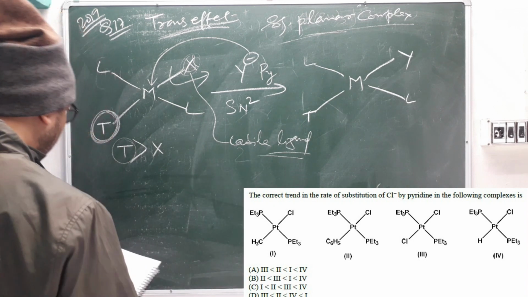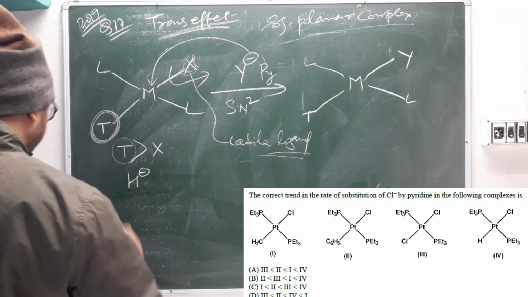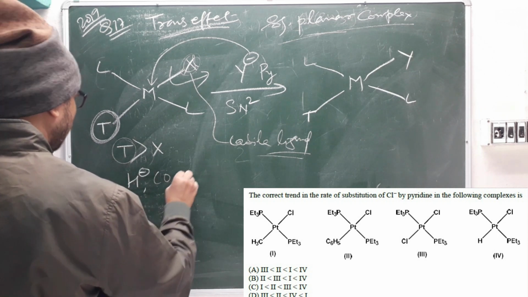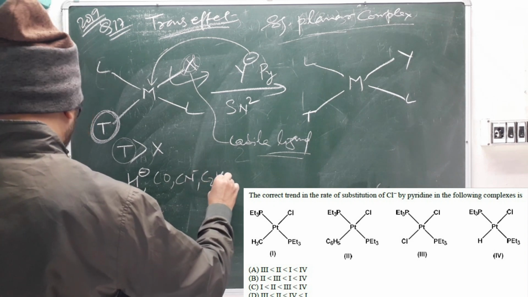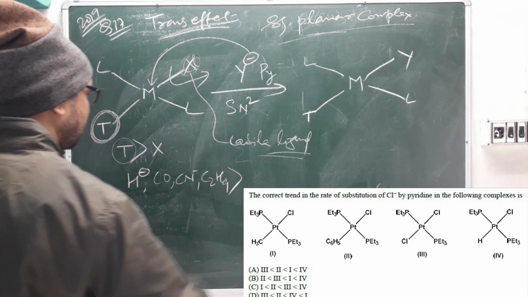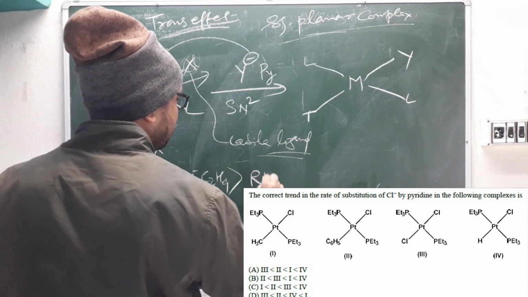So this will be like H minus or carbonyl. I'm just giving it to you, you just write it down, and if you see it 2 or 3 times you will be a master of this.